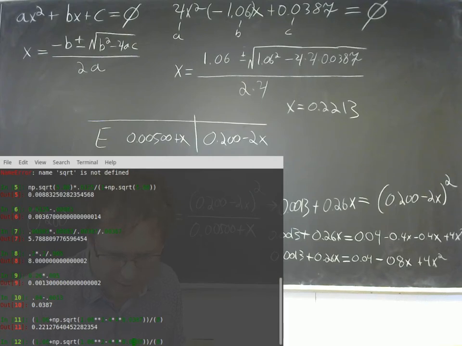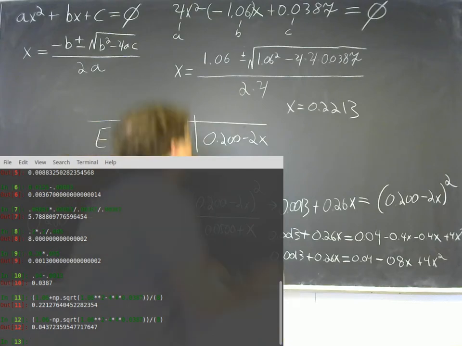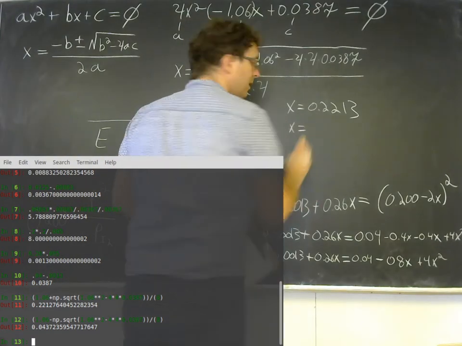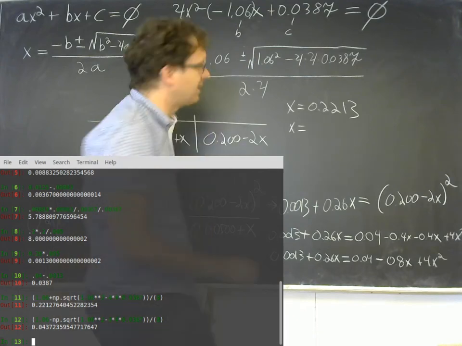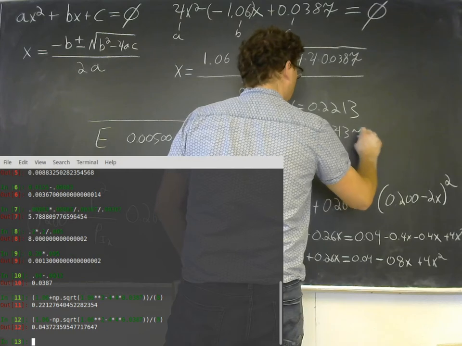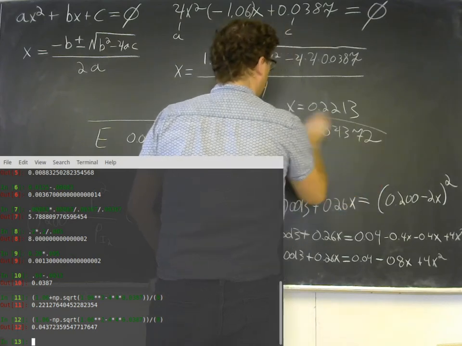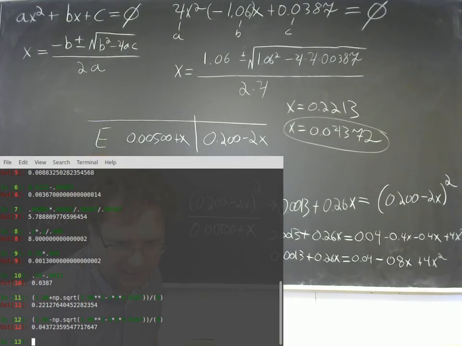Now I'm going to do the exact same calculation here, but you can see I'm going to subtract that square root instead. Now I get a number, x is equal to 0.04372. Okay, now that number at least makes physical sense as a possibility.